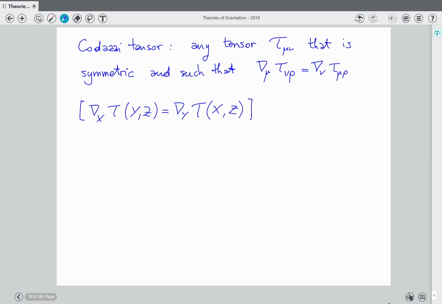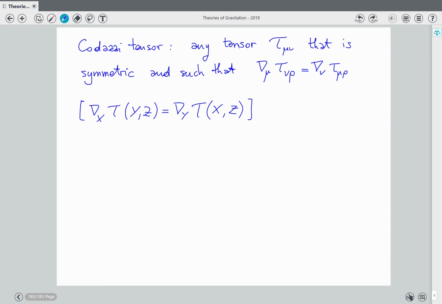So it's a map from the product of the space of smooth vector fields with itself, a couple of vector fields, into a function on the manifold, such that this holds.